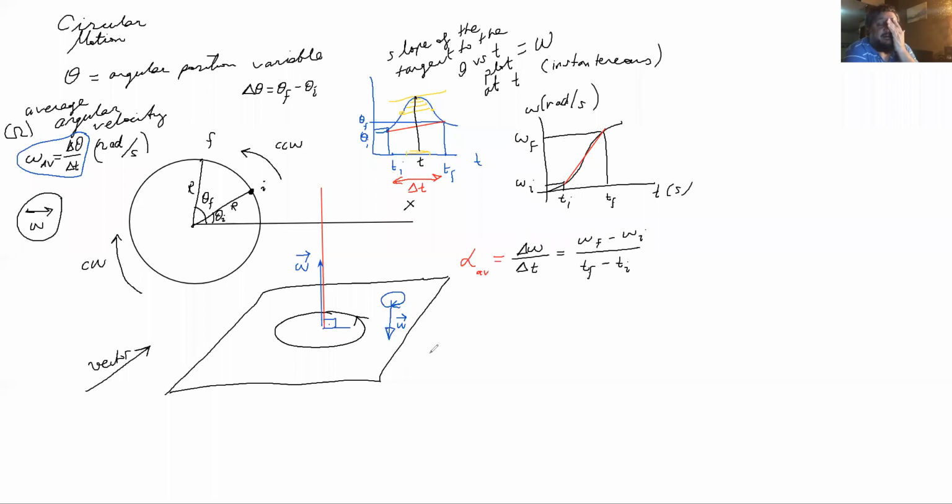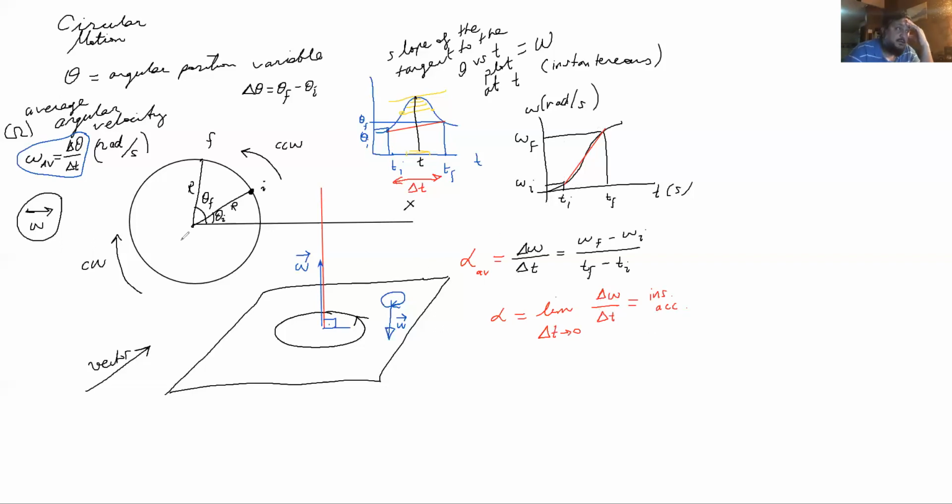If I do it at a smaller time interval, I can find the instantaneous alpha, just like this one. Let's use the limit notation. Limit when delta t goes to 0, delta omega over delta t equals this, instantaneous acceleration.